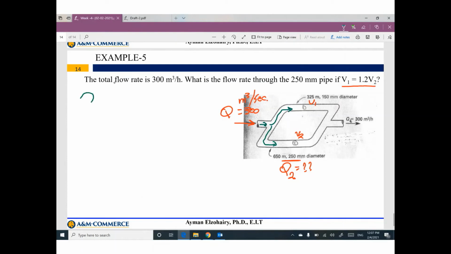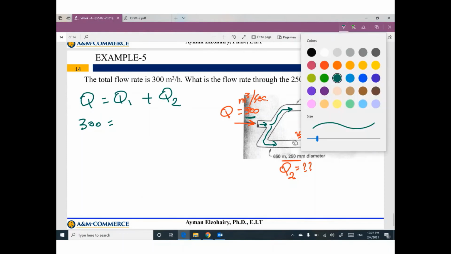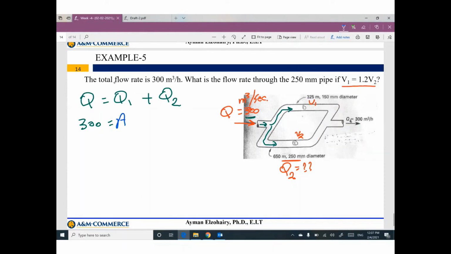We have Q equals Q1 plus Q2. Does that make sense? So Q is given, 300. You are lucky. What is the value of Q1? Area 1 V1. What is the value of Q2? Area 2 V2. Okay, go ahead and put in your numbers.